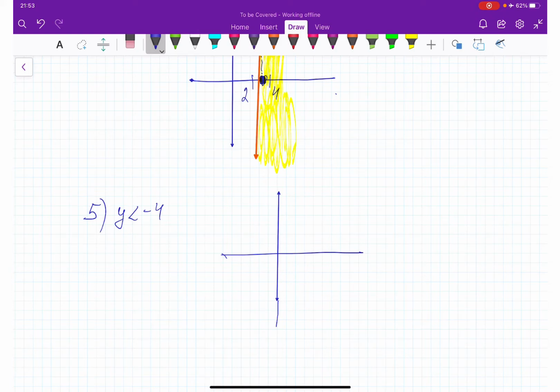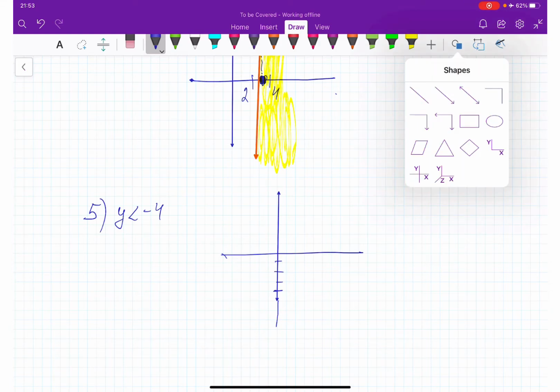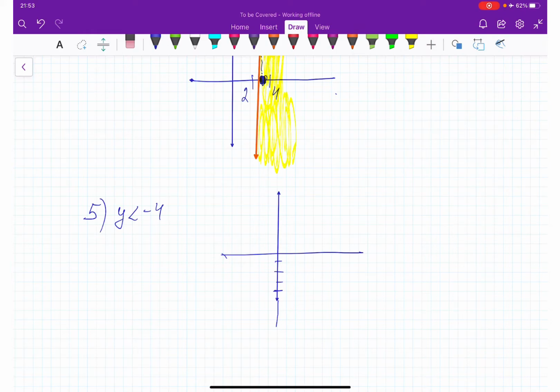Where is my 4? 1, 2, 3, 4. This is 4, so I'm going to provide the line. All right. So less than negative 4, that means, oh, by the way, the equal sign is missing, so we put dashes.